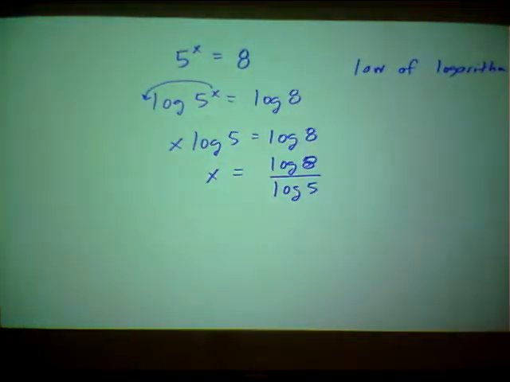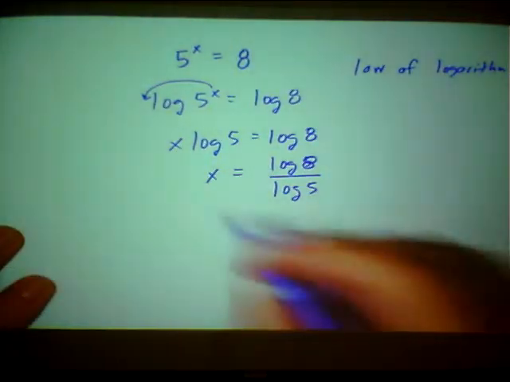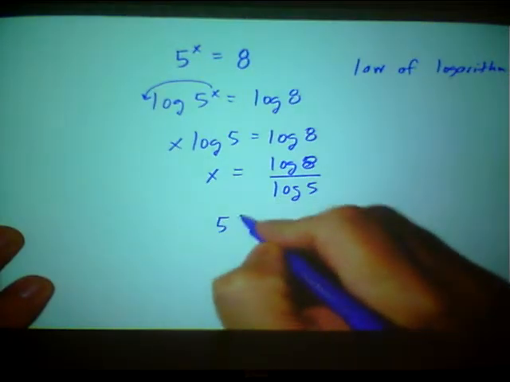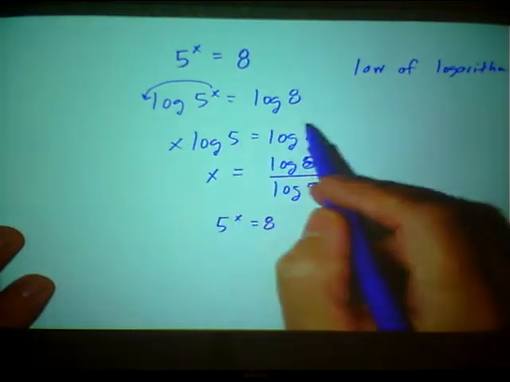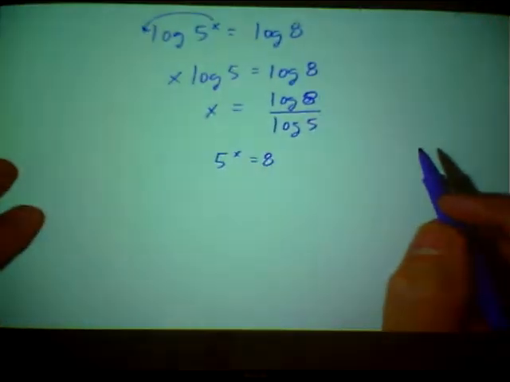Now in a minute, I'm going to grab my calculator and actually figure out what this equals as a number. But let me stop for now and show you that it doesn't really matter, that I can also take this same equation and instead of using common log or log base 10, I could have used natural log.